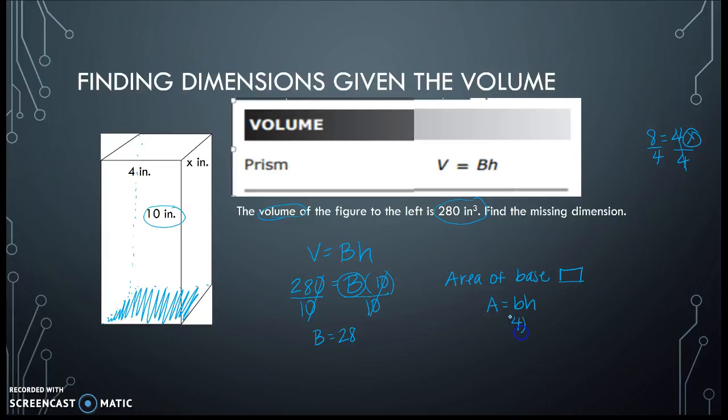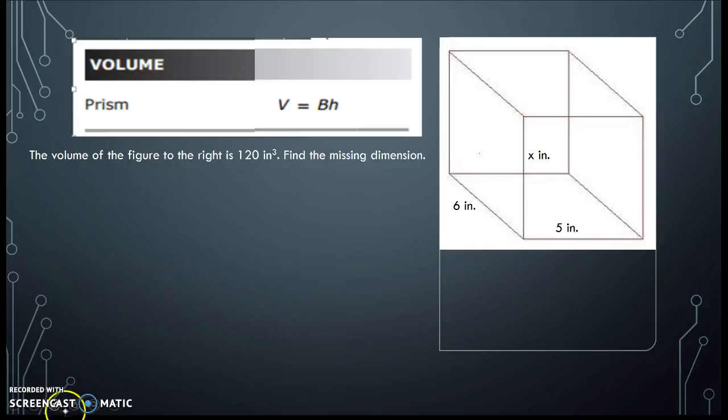I don't know what the height is, but I know that my base times height gives me an area of the base of 28. So I'm plugging that in. I need to divide to solve for h, so I'm going to divide by 4, divide by 4. So 28 divided by 4 gives me a height of 7. So this x here is 7, okay? Not too complicated, but a little challenging.